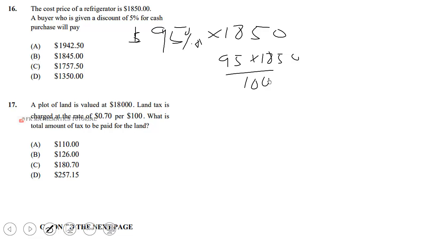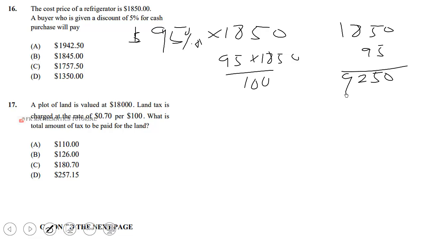So let's multiply 95 by 1850. 5 times 0 is 0, 5 times 5 is 25, so 5 carry 2. 5 times 8 is 40, plus 2 is 42, so 2 carry 4. 5 times 1 is 5, plus 4 gives me 9.